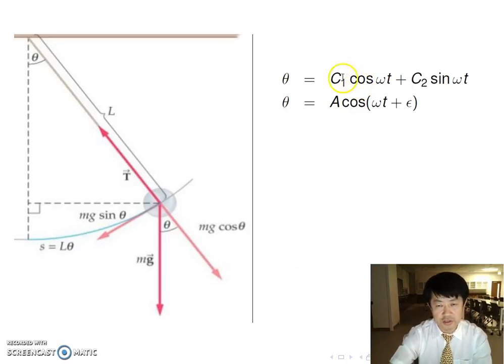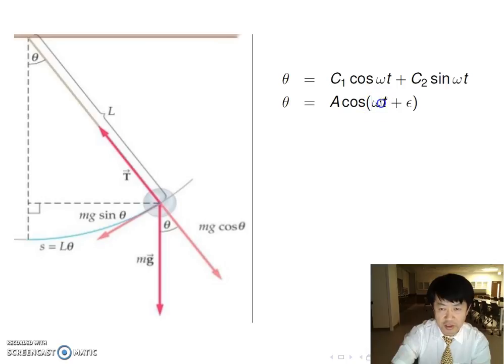Now this answer, we can rewrite using a trigonometry identity, which is cosine of alpha plus beta equals cosine alpha times cosine beta minus sine alpha times sine beta.